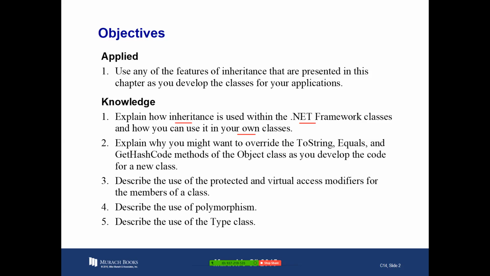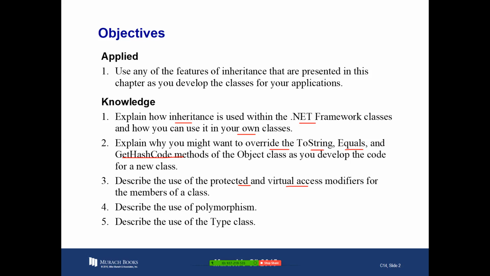We'll explain how we might want to override some of these methods that are already provided for us. This is stuff that's covered in chapter 13, which we're not going to cover, so it's not that important. We're going to learn to describe the use of protected and virtual class modifiers, access modifiers.